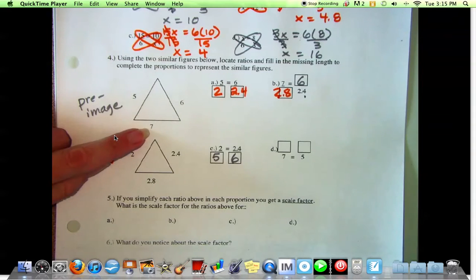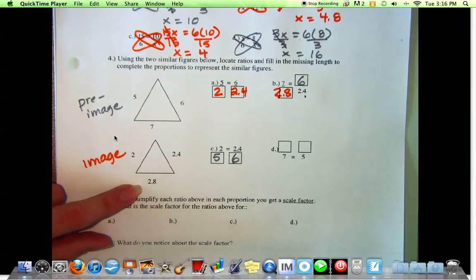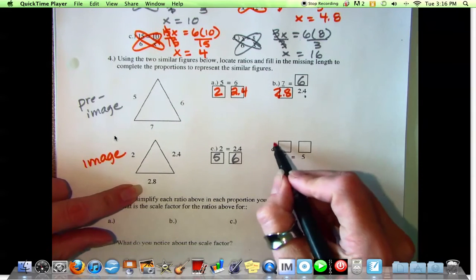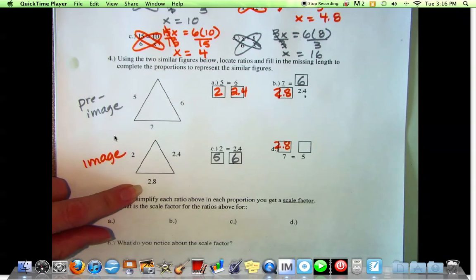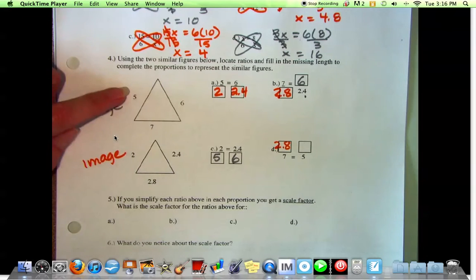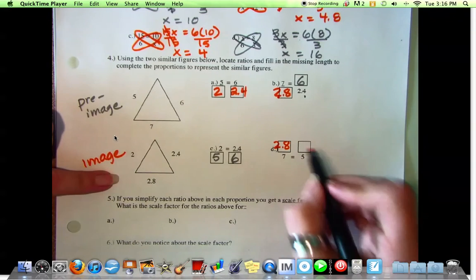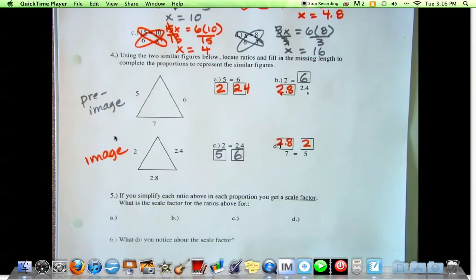And 5 on the pre-image is similar to 2 on the image.